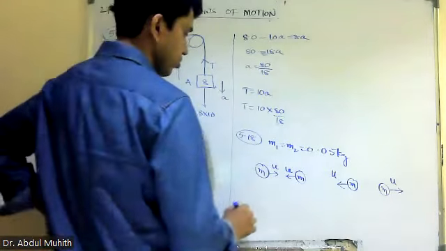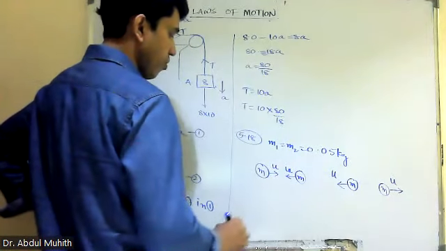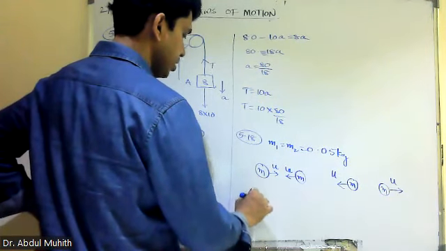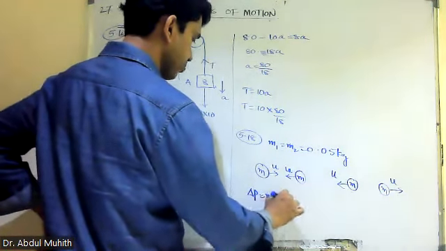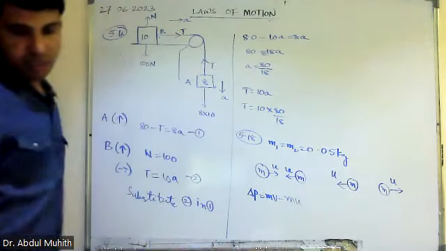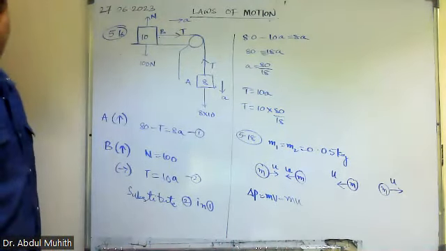Delta P is equal to MV minus MU. Impulse imparted to each ball due to each other.